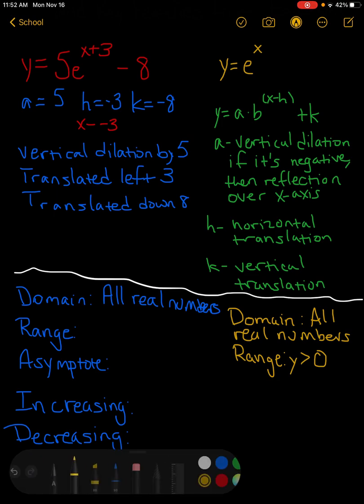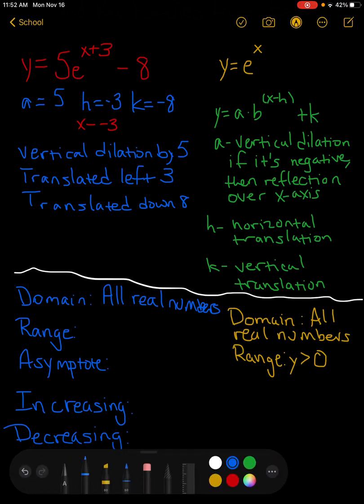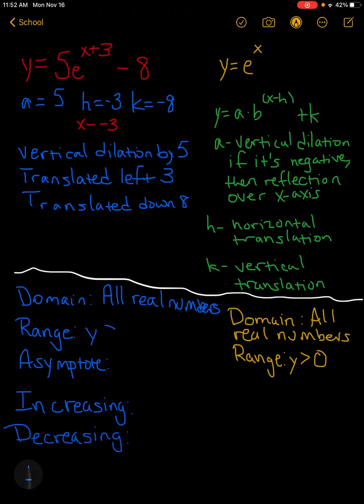However, with the transformed scenario, now my range kind of has two different scenarios. It's either going to be y greater than or y less than, and that all depends on whether or not my a is positive. Well, since my a is positive, it's a positive 5. That's going to tell me that my y value is going to be greater than k.